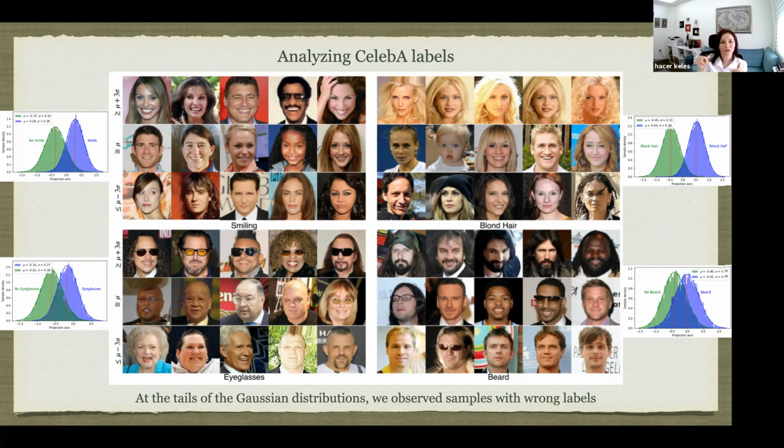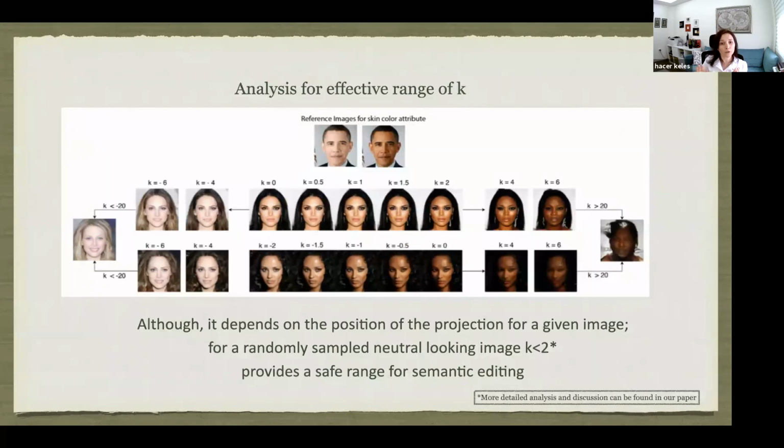When we use K is 2, it was around 1.8 or something on the average for 4 attributes. So if you sample from the mean, you can go up to K2. But if you go further, the image starts changing gradually to some other person, some other characteristics change. So it is a locally preserved space, let's say. Those Gaussian distributions tell us so.